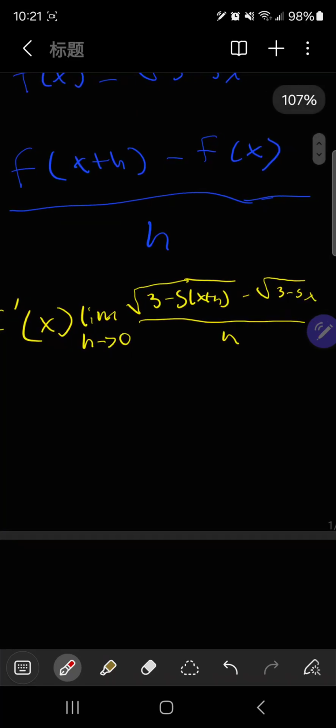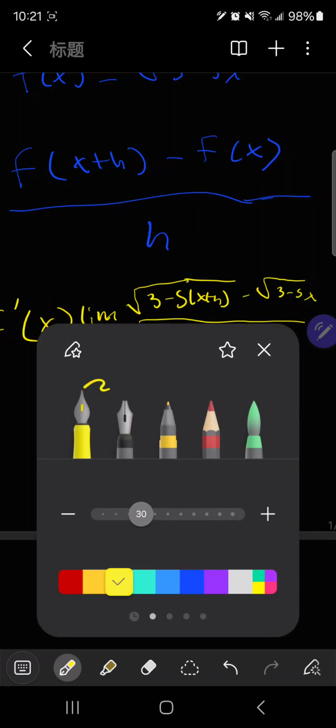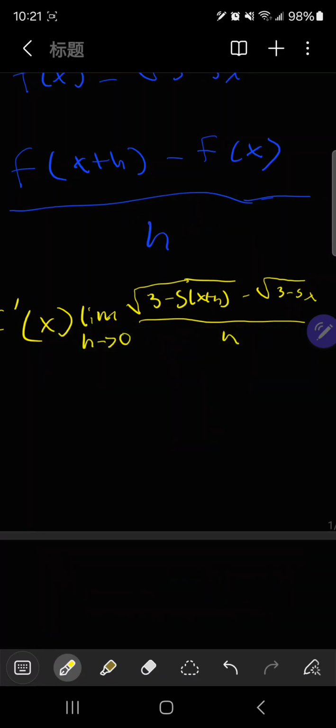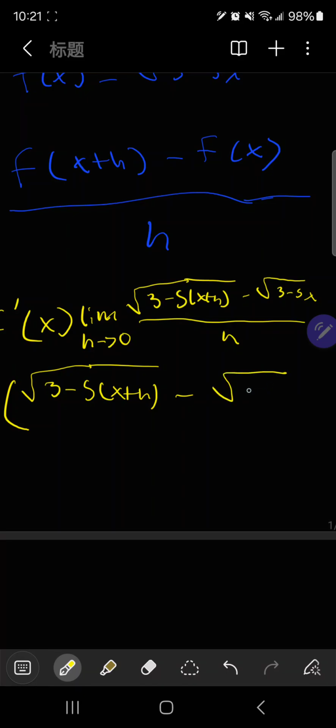Now I'm going to continue and find the equation. So it's going to be root 3 minus 5x plus h minus root 3 minus 5x, and then it's all over h.